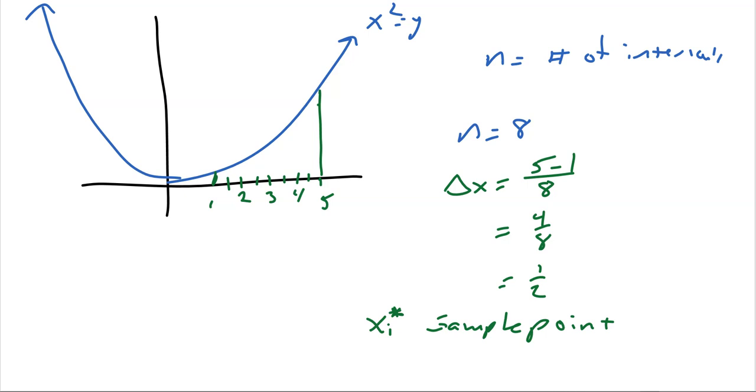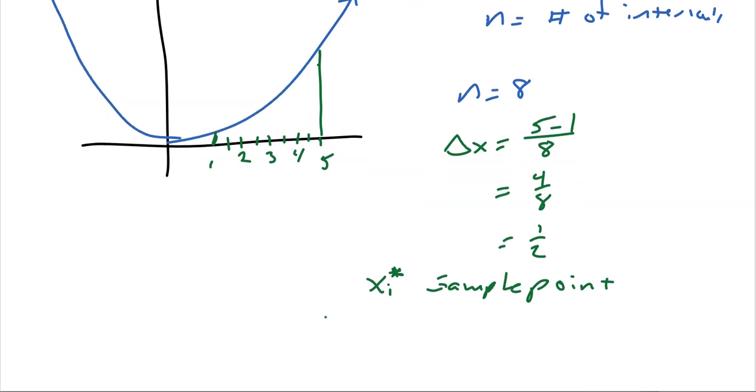So we just have to pick a point in the interval, and we're going to evaluate that point to find the height. So the height of the rectangle is whatever our function is evaluated at that sample point. Now, we discussed a little bit, we could use the right endpoint, the left endpoint, the midpoint, and those are just a matter of convenience. It could really be any point inside of the interval, okay?